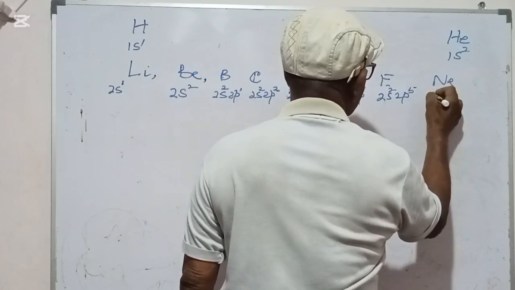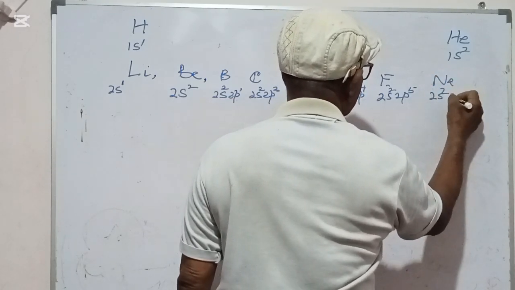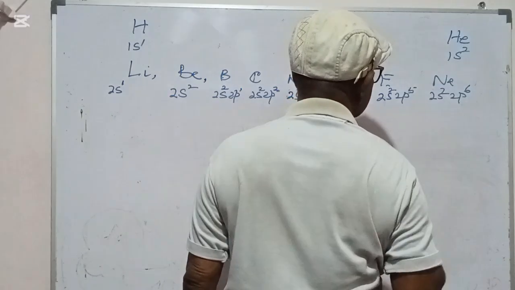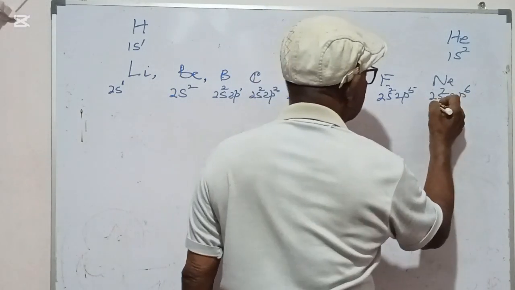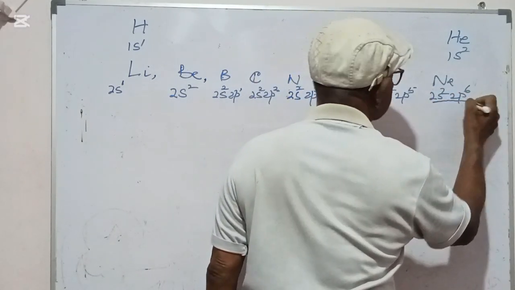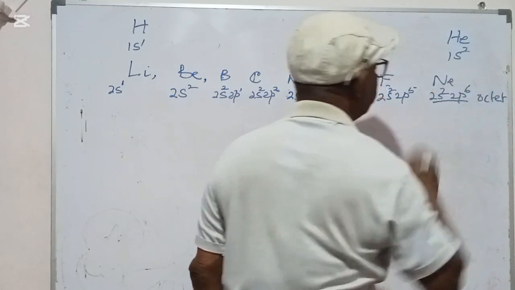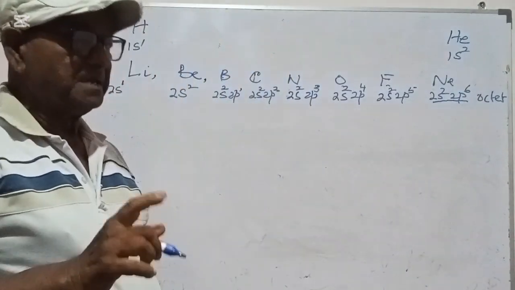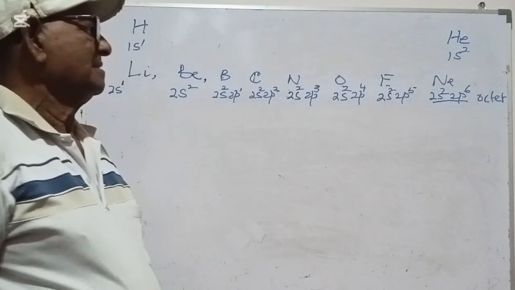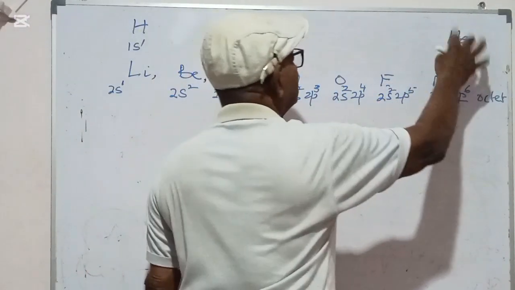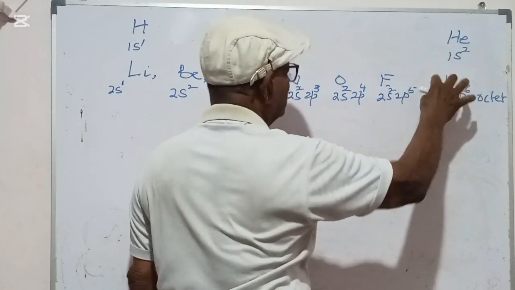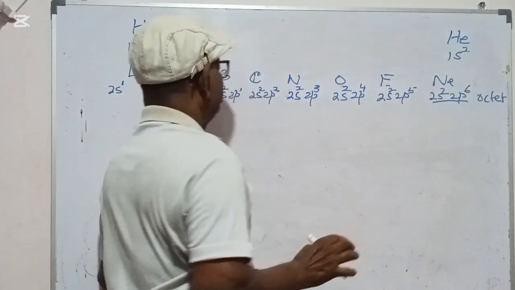Neon, 2s2, 2p6. So it has filled 2s2, 2p6, which is the octet configuration, a stable configuration. So helium is stable, neon is also stable.